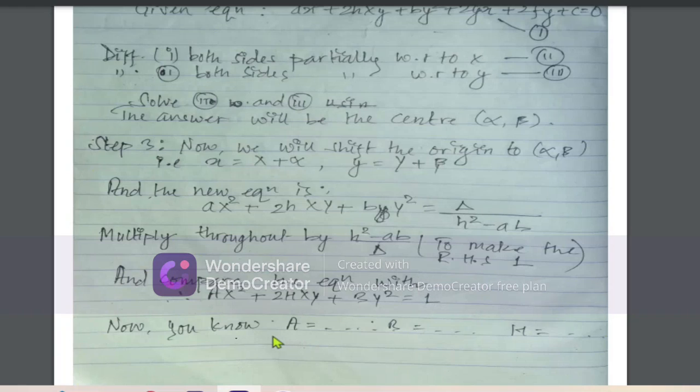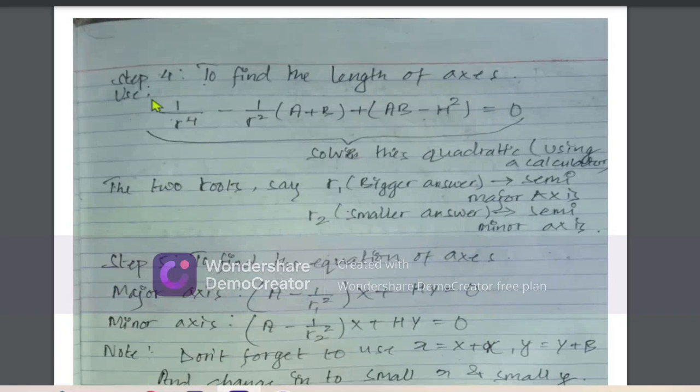Now we come to know the values of a, b and h. Here in step 4, to find the length of the axes, use 1 by r to the power 4 minus 1 by r square into a plus b plus ab minus h square equals 0. And this is a quadratic equation.